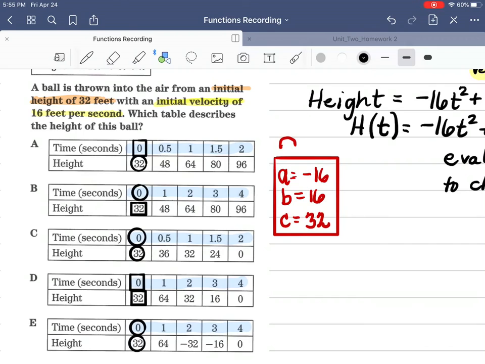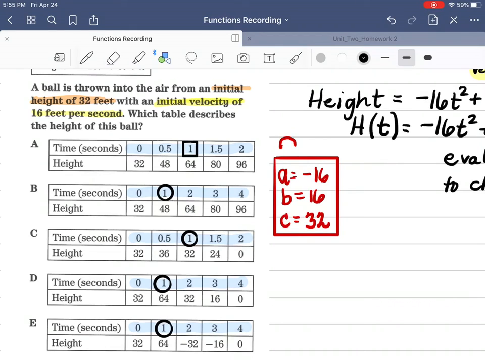We already know that at 0 time, the ball is at 32 feet. So that's really not helping me at all. So let's look to see if there's another value that is in all 5 tables. So let's move to this one. It's in that one, but not this one. So that won't help. But look at this. There is a 1 in each of these inputs.